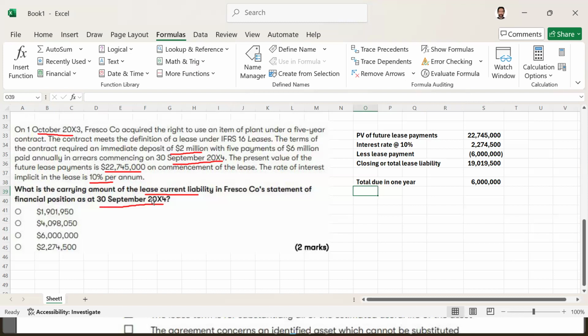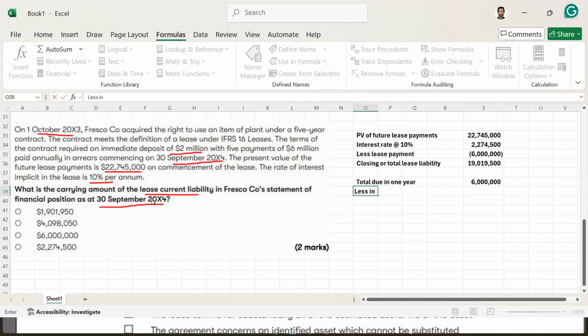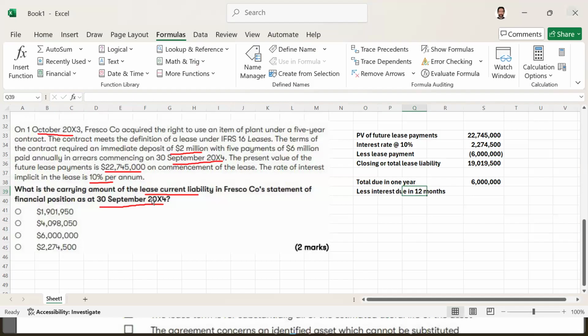So we're going to deduct the interest due in 12 months. We have to make this payment of 6 million, but we cannot consider the interest until the period has elapsed to which the interest relates. So whatever we have to pay, that is 6 million, we take away the interest part from that, the interest that is due in 1 year.